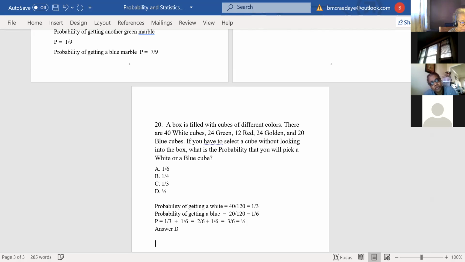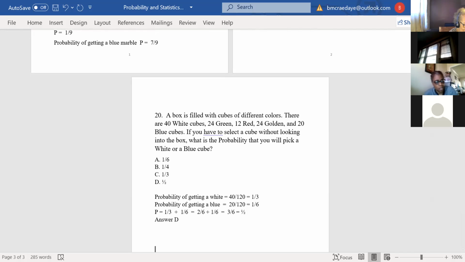Green or a red. Do I have to add the two? Get the probabilities and add them.